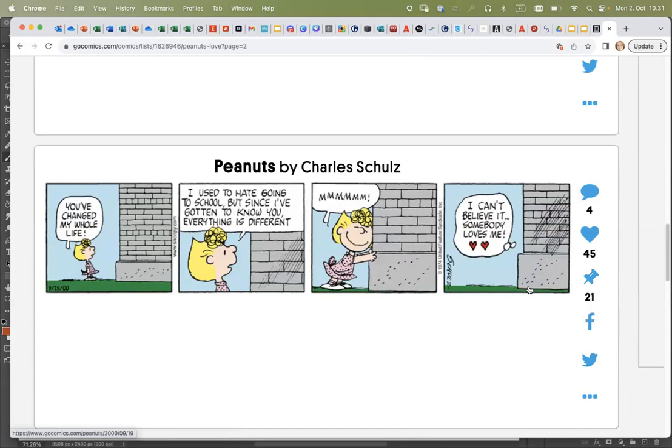As you can see, the school building also loves being loved by a small child. And it's actually a funny storyline where the school building gets depressed and then is, well, crushed.